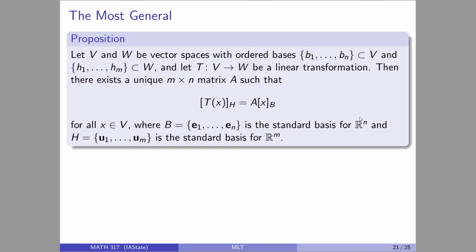So you take the standard basis for Rn, the standard basis for Rm. Note here that I'm using U1 to UM instead of E1 to EN. Some authors are super lazy with this, and they'll do E1 to EN and then E1 to EM, and you're supposed to understand that, well, these E's are in Rn and those E's are in Rm. I'm going to be nice to you.